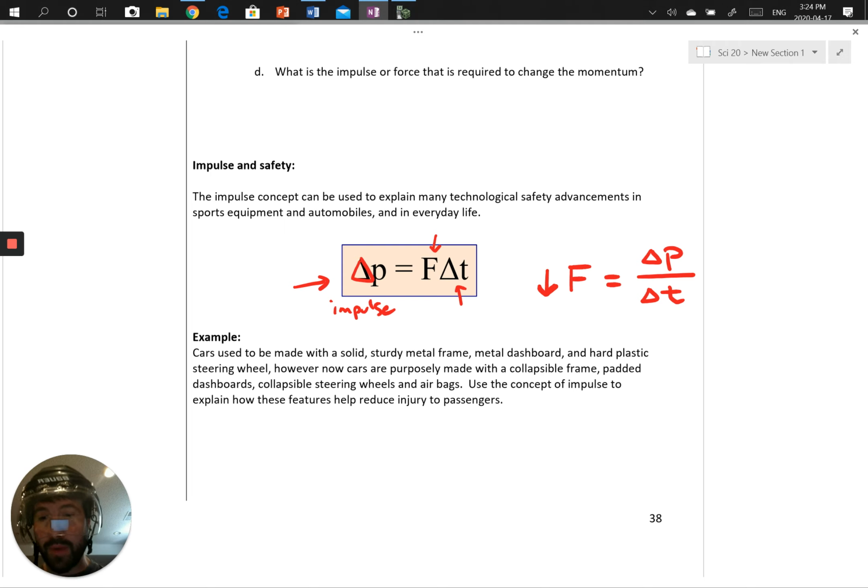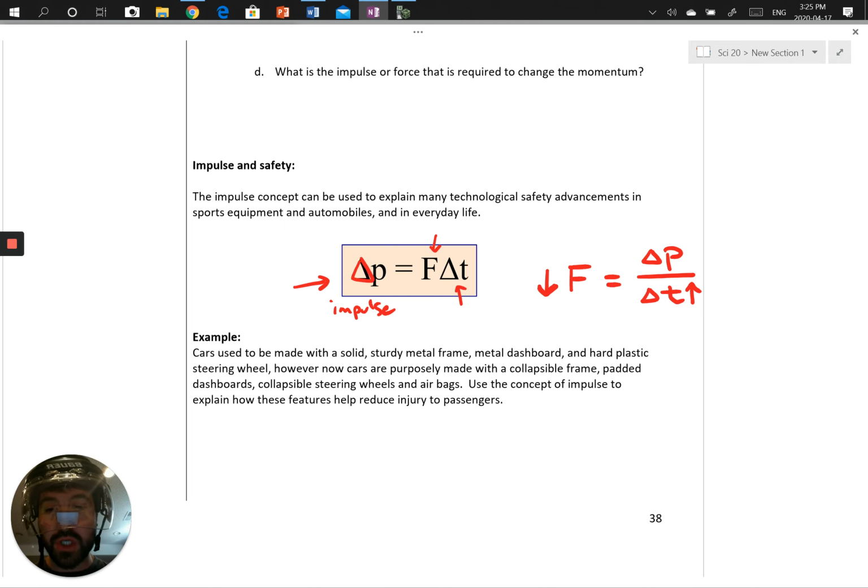I'm going to have a momentum and I'm going to hit something, and then my momentum is going to be really zero. And I want to increase the time over which the momentum of my head goes from a high momentum to a low momentum, or to zero. So basically I have to implement some way to increase the time over which my momentum slows down or stops.